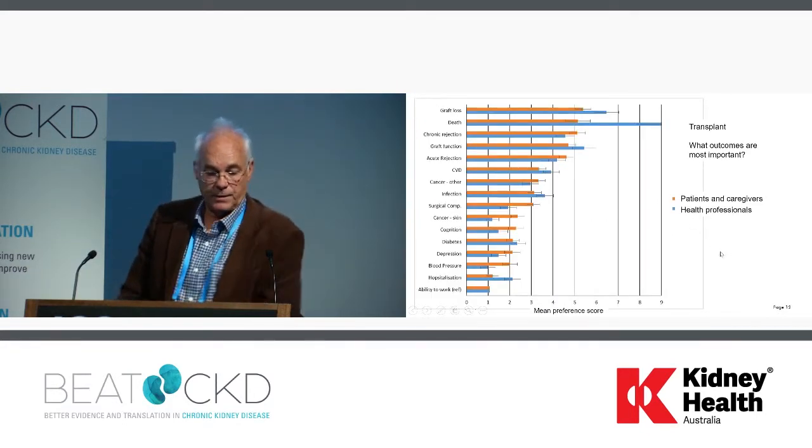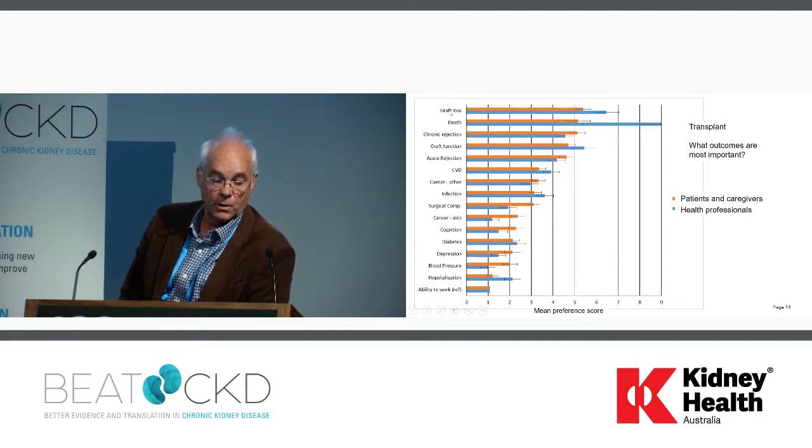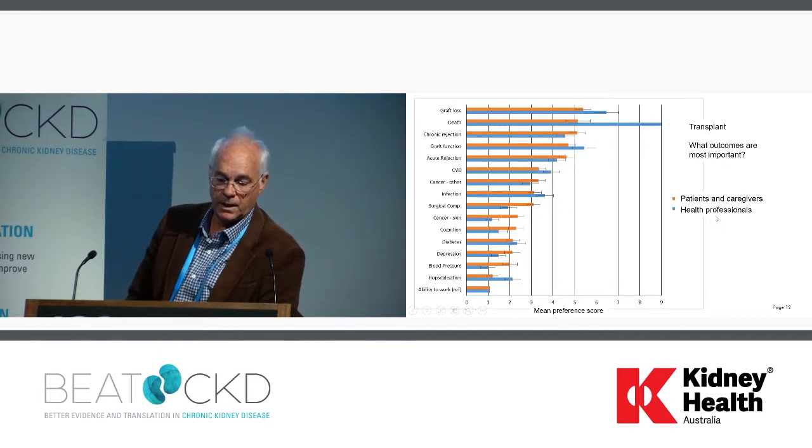So I'll just explain this plot. Down this side are all the outcomes in the survey, and this is transplant. The question was, what outcomes are most important? After transplant, what are the outcomes that are most important to you, the you being the patients, caregivers, and health professionals.